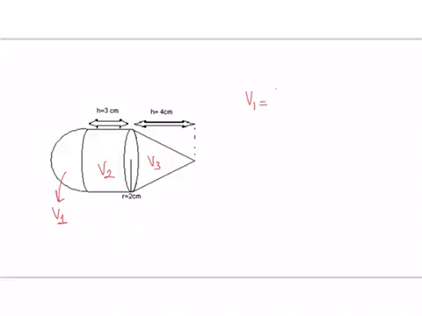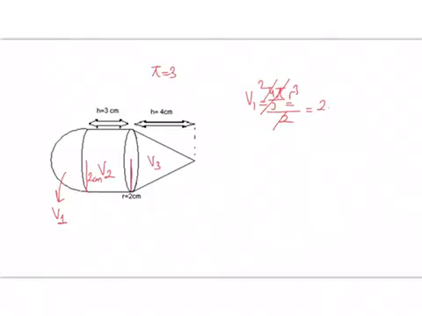V1 is equal to 4 over 3 pi r cubed over 2 because it is half. So when we take pi as 3, this cancels, 4 cancels to 2, and now let's find the radius. This radius is also equal to the radius of the sphere, equal to 2 centimeter.